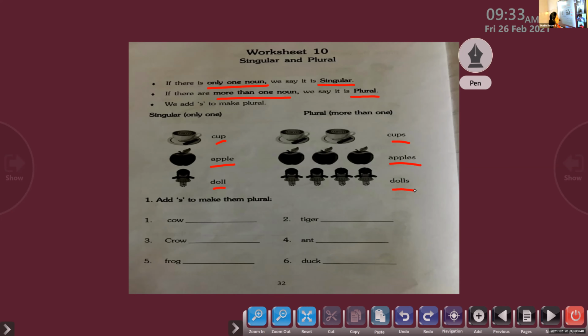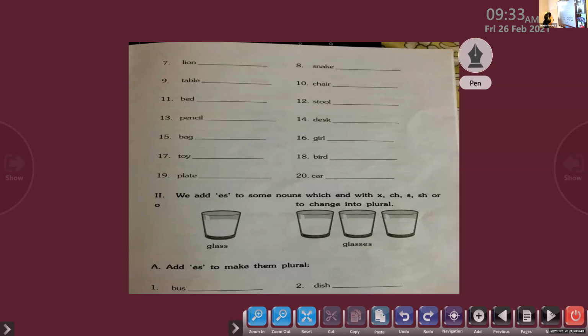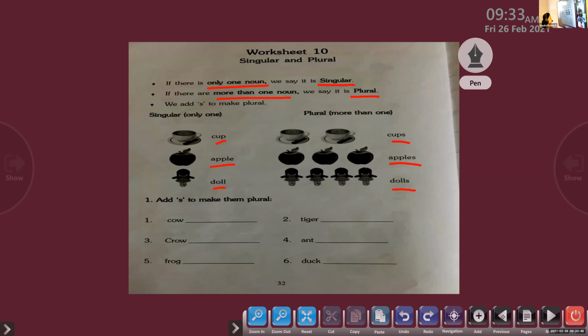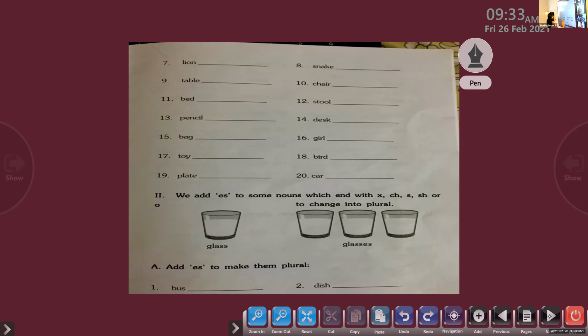Are you ready? Do you want to revise the rules? Okay, let's check the first one. We add ES to some nouns which end with X, CH, S, SH or O. Only to such nouns we can add ES.